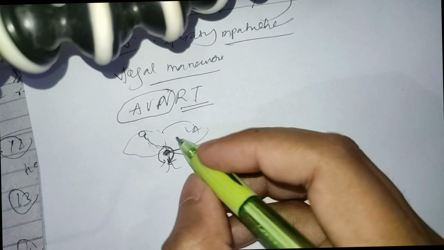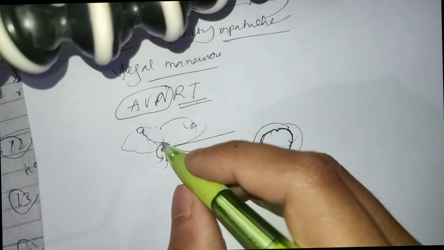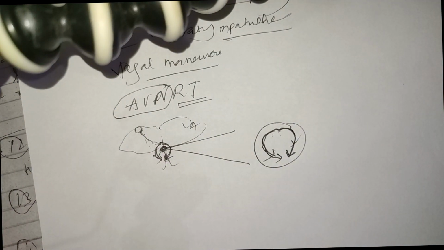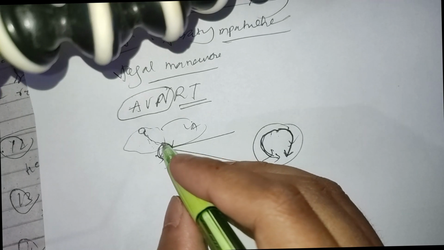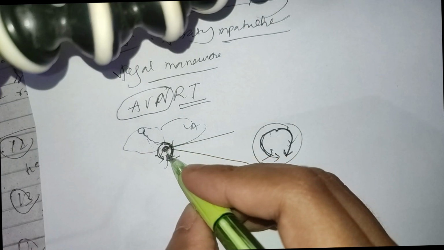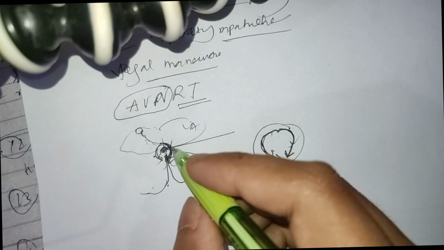If the heart rate is very fast, then it needs to be slowed down, then the impulse can travel in the slow pathway. But generally in a normal resting heart, the impulse travels through the fast pathway, comes down here, and then goes via bundle branches and depolarizes the ventricle.